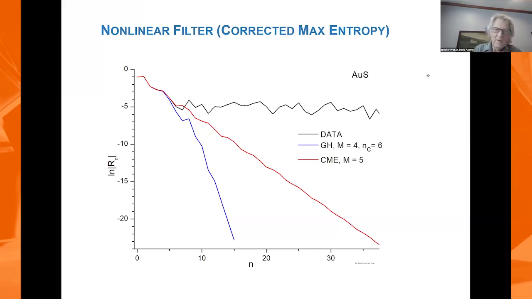What that red curve is a result of is what's called the corrected maximum entropy theory. And what that theory does is it extracts the trend in the lowest 6 coefficients down here, and it extrapolates it forward into the white noise region. Once I have that, I can throw away all these coefficients for n greater than 6 and replace them.